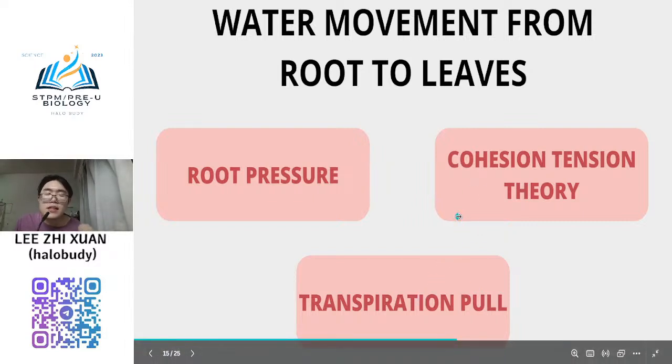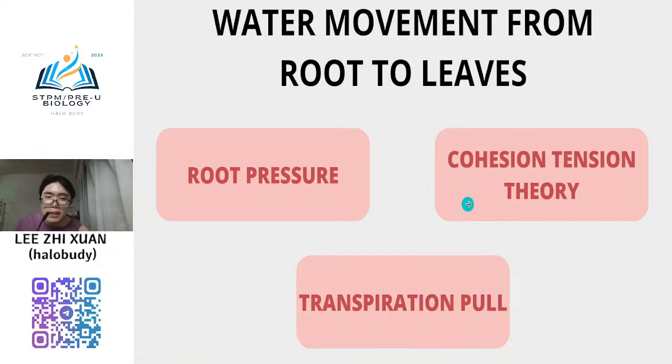This is very important because in examinations, if you refer to past years, cohesion-tension theory and transpiration pull have come out about 3 to 4 times, and normally the marks are very high. Normally it's at least 10 marks. One year it came out with 11 marks. So this is a very important theory that you need to know.